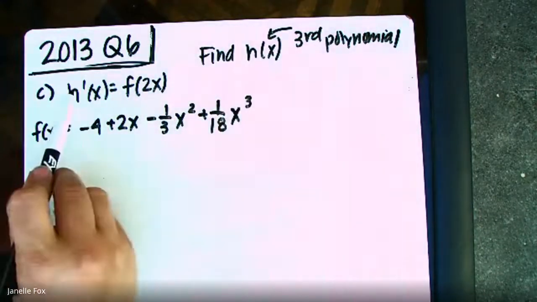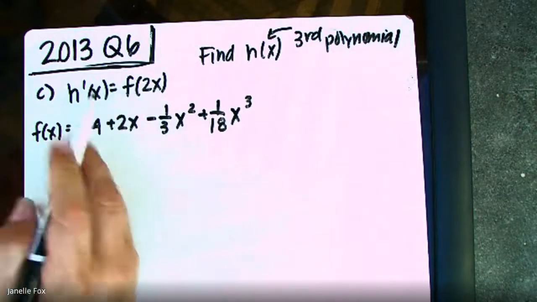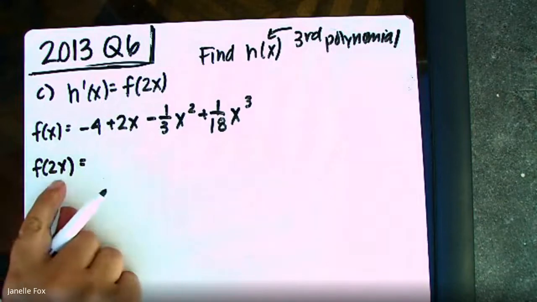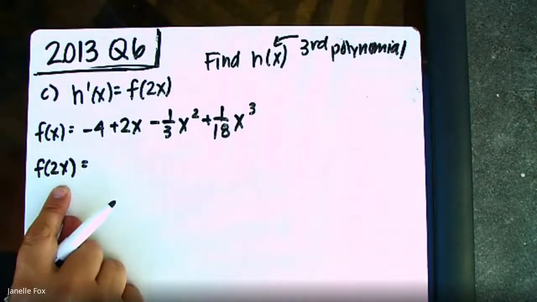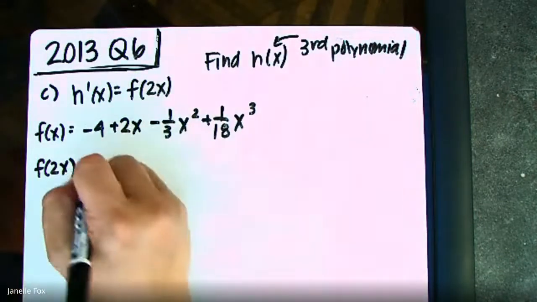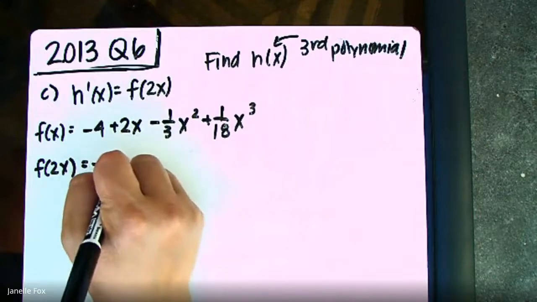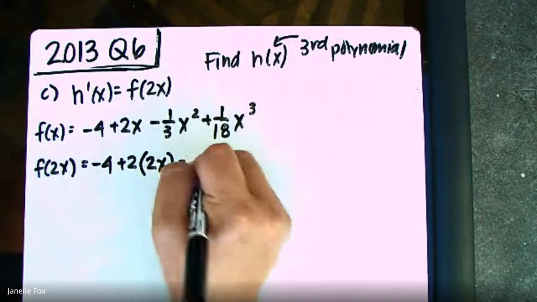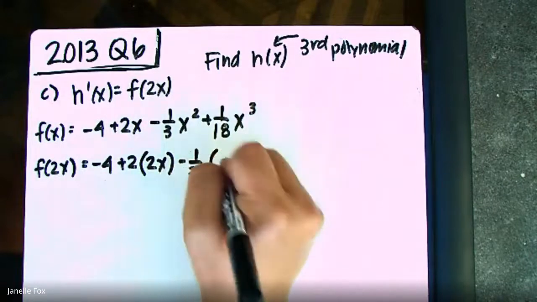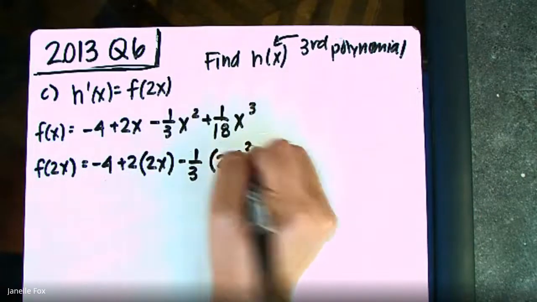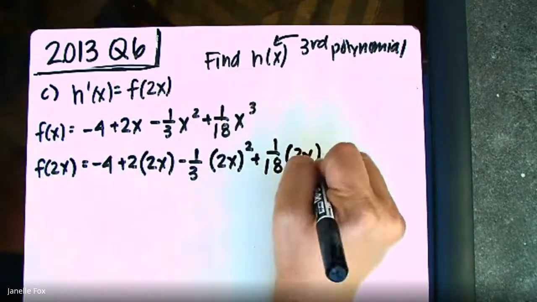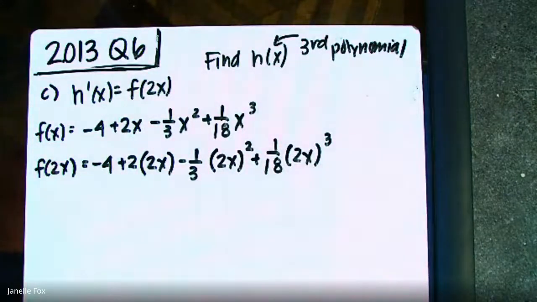So if they're saying that h prime of x is f of 2x, that means that every time I see an x, I'm going to put a 2x instead. That's what this means. So we're going to have negative 4 plus 2 times not x, but 2x, minus 1/3 times not x squared, but 2x quantity squared, plus 1/18 times 2x cubed, just like that.